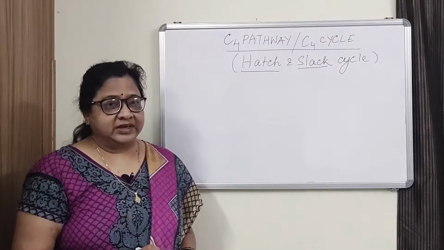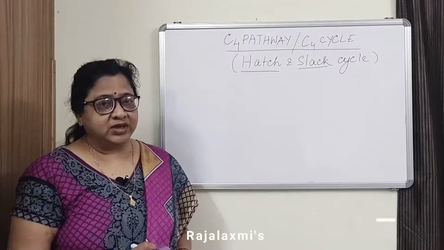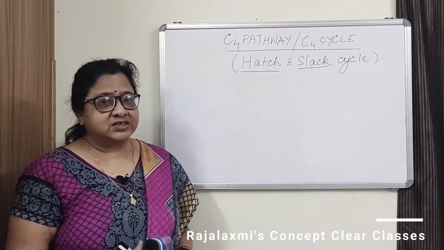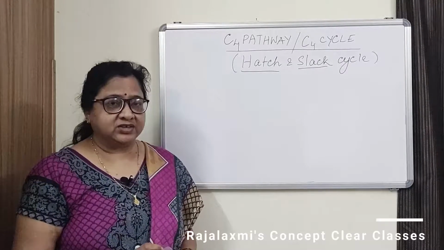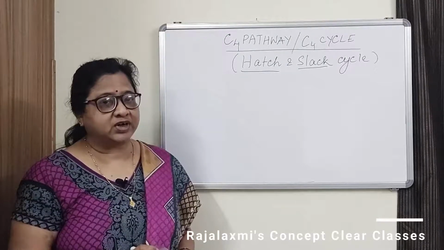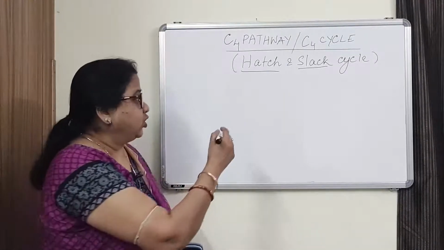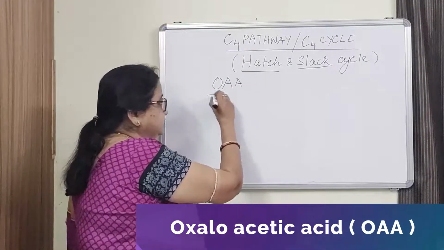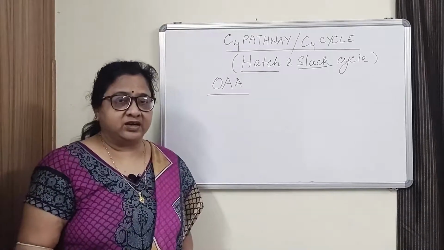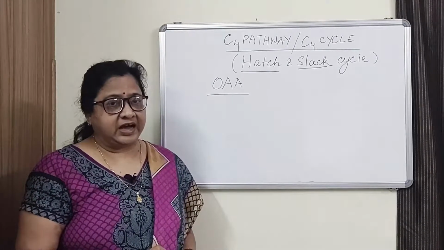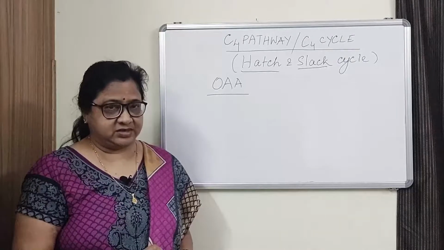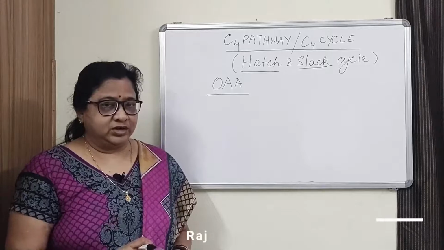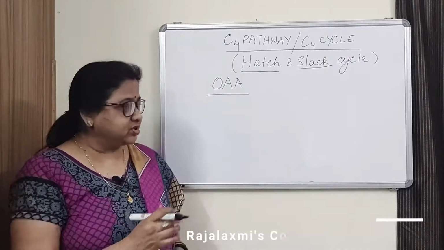They found that in plants growing in tropical areas, that is, in warm conditions, the first stable product of carbon dioxide fixation is a 4 carbon compound, that is oxaloacetic acid, instead of phosphoglyceric acid as produced in C3 plants, and this process also occurs in a cyclic manner. So they called it the C4 cycle.